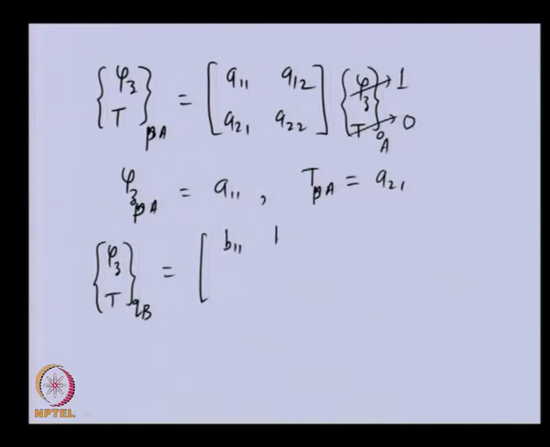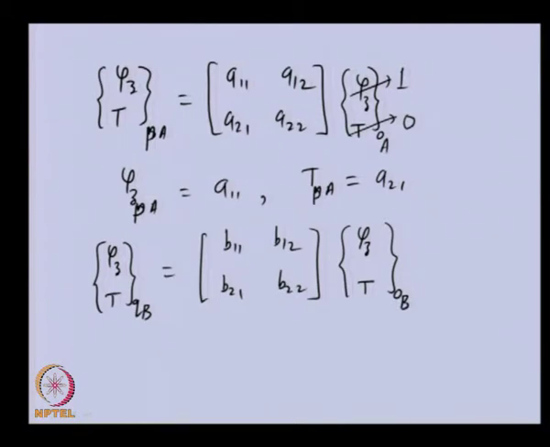So, B11, B12, this is the overall transfer matrix for branch B, here torque is there, and here angular displacement, 0 station of branch B.